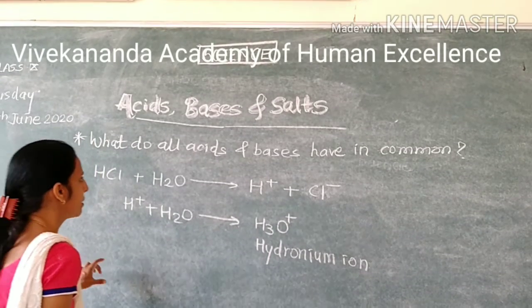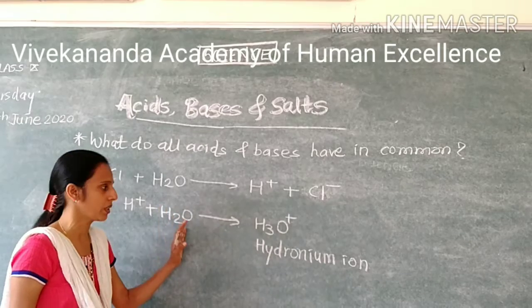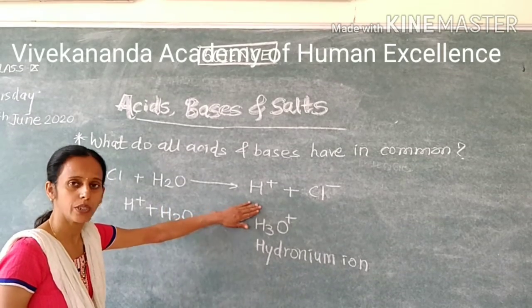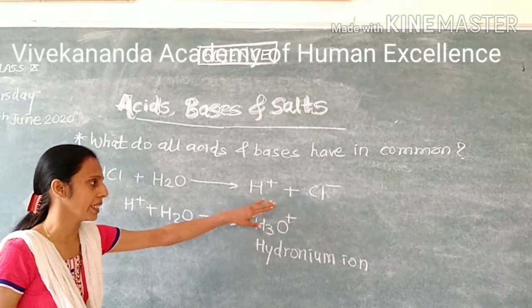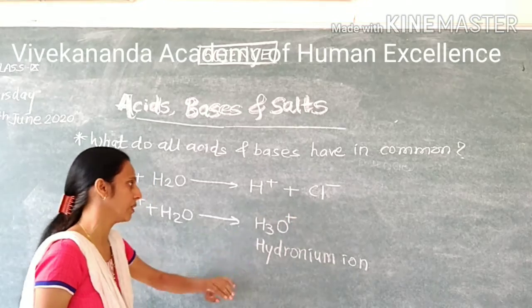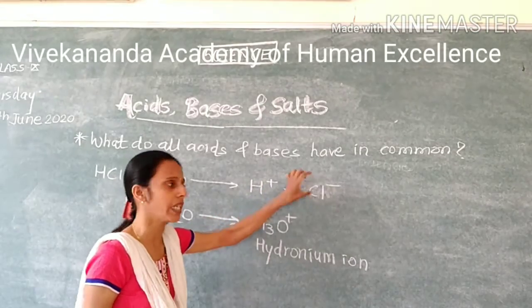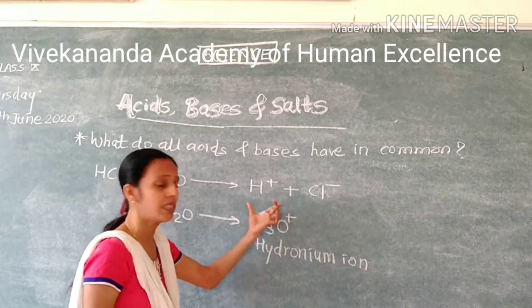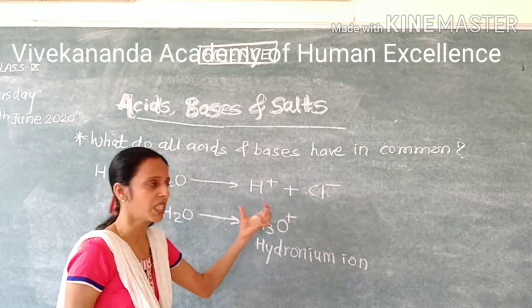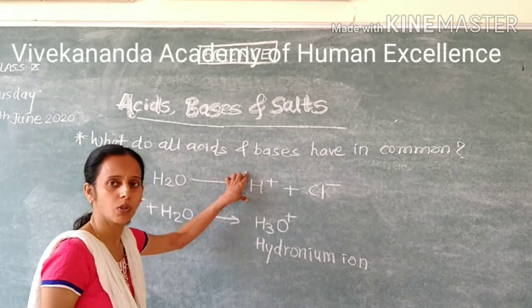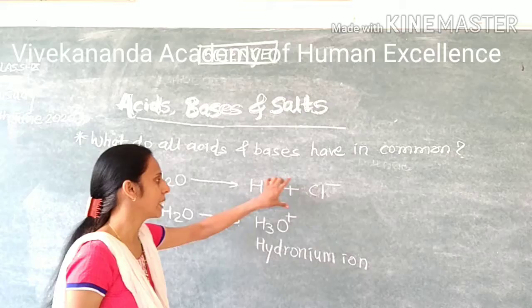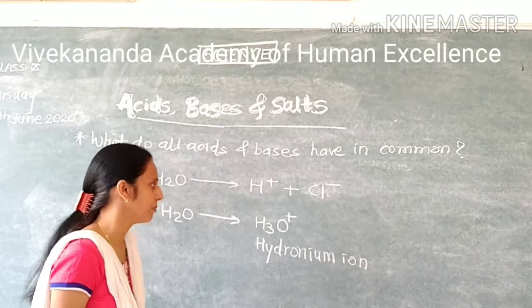Any acid when added into the water gets converted into H plus ion and its corresponding other ion. There is formation of one positive ion and one negative ion. It means that separation of ions takes place. Positive ion is called cation and negative ion is called anion.